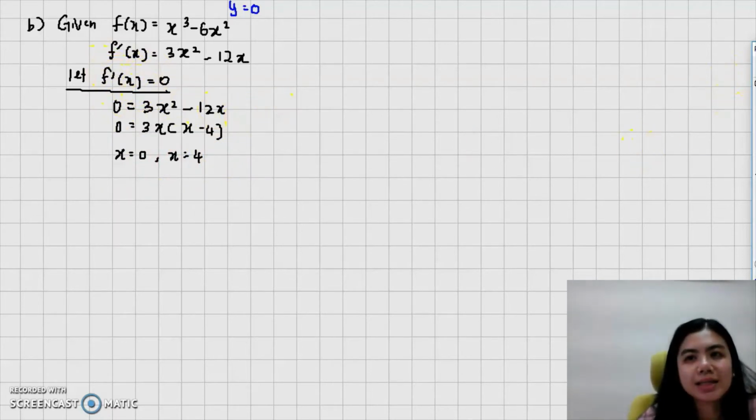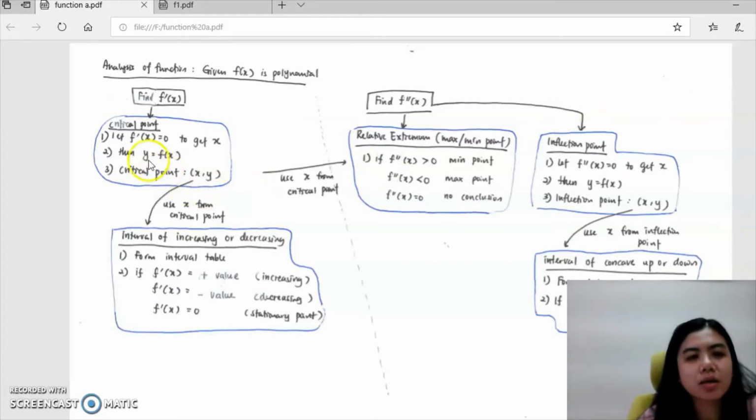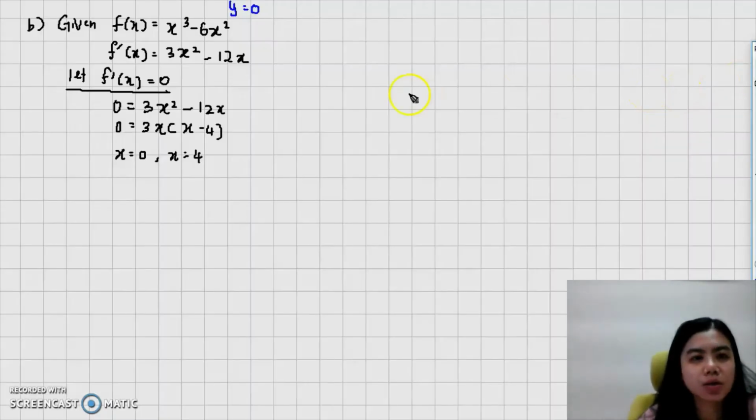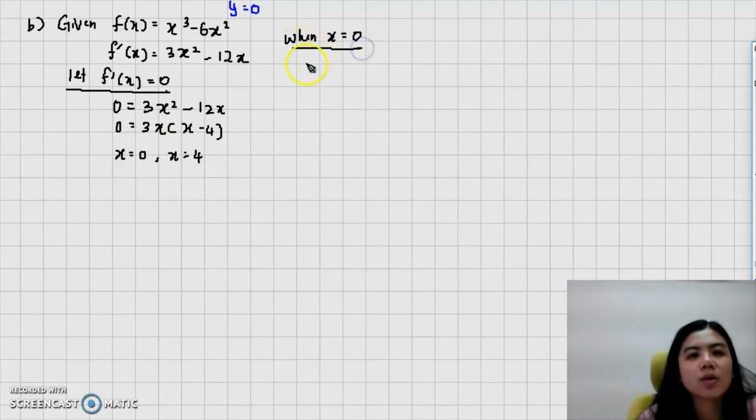The next thing that you should do is, you already managed to get your x, then you let your y equal to f(x). So for the x, when x equal to 0, you let y equal to f(x). Your x now is 0, so do the substitution into here.